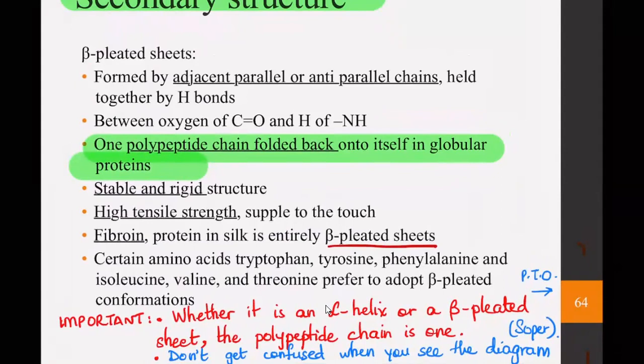What are you supposed to remember? That one polypeptide chain folded back onto itself in globular proteins. This kind of a structure of beta pleated sheets is a stable and rigid structure. It gives stability, strength and rigidity to a protein molecule.